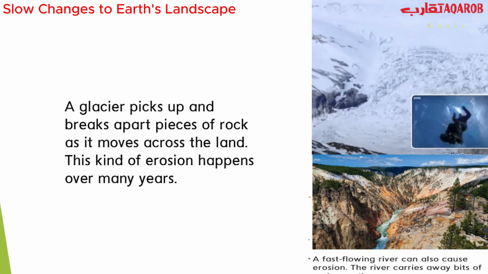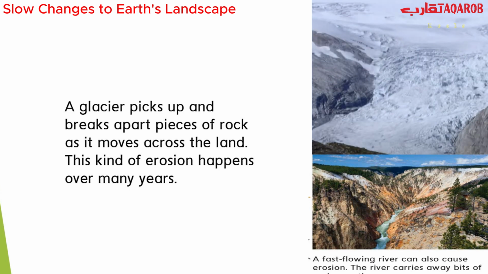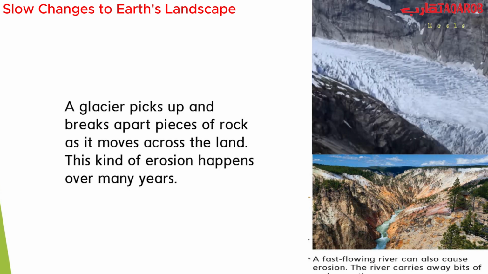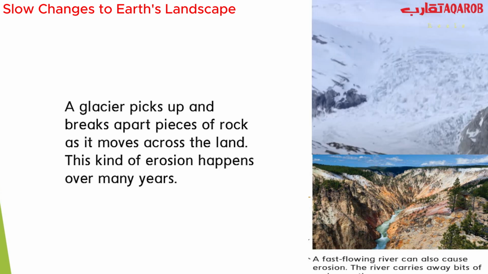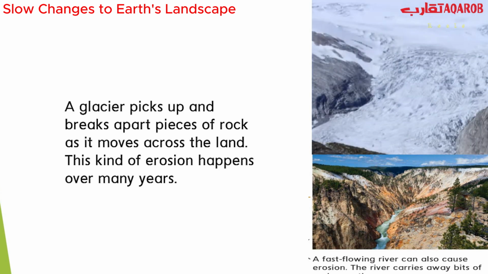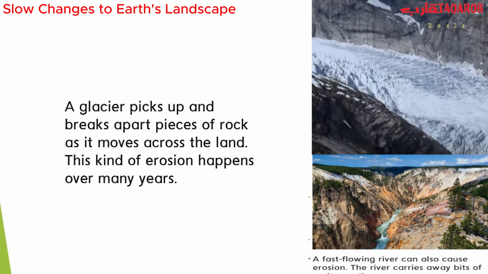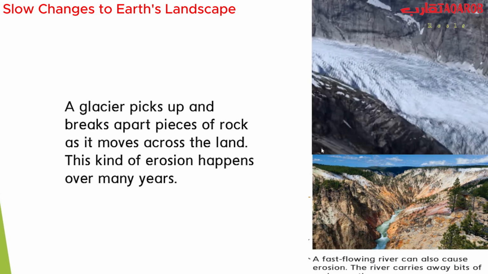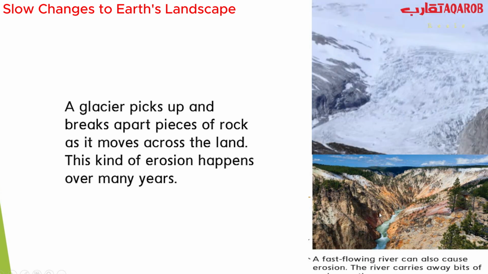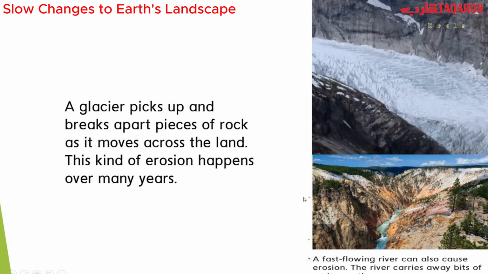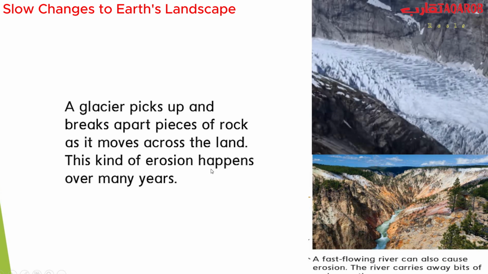This kind of erosion happens over many years, so it takes a long time. Don't forget the key word in this lesson. A fast-flowing river can also cause erosion. The river carries away bits of rock over time.